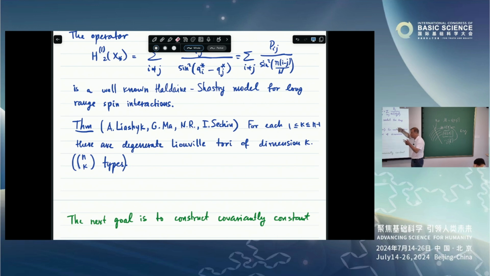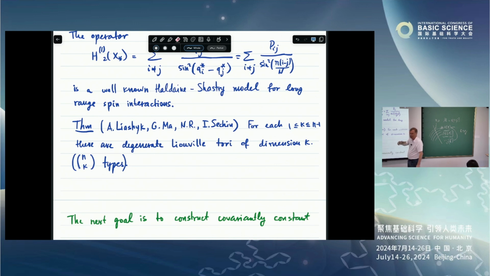But it's a quantum system in the spin variables on this extra vector space. So then the question is, okay, so we have the flat connection on the generic Liouville tori. We have this system on zero-dimensional Liouville tori. So what happens with other Liouville tori?